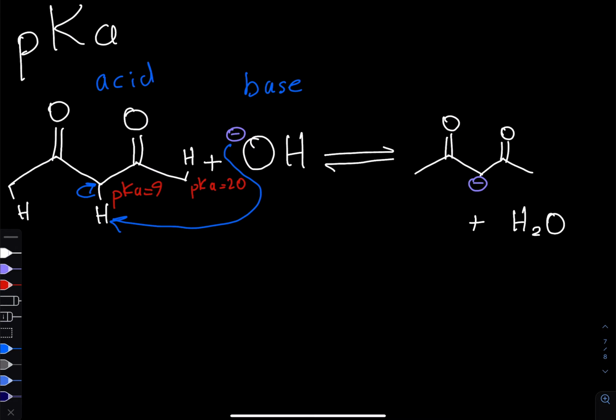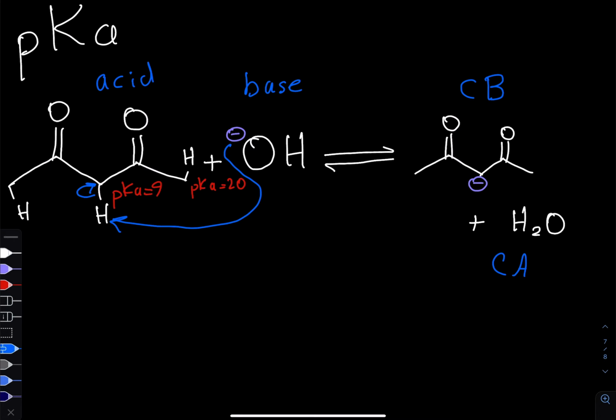So we used that right there. Now, in the products, we have the conjugate acid and the conjugate base. Actually, conjugate acid is the water, conjugate base is this thing. Now, looking at the acids, determine the pKa value of the acids.